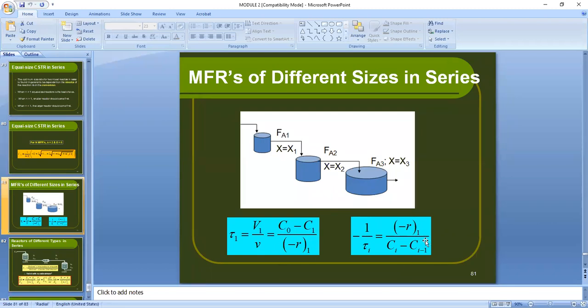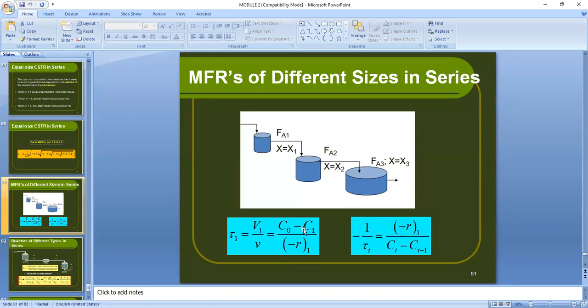You could see here, class, that it's referring to a particular reactor. In your MFRs of different sizes in series, the rate is labeled as R1, R2, and in this case RI. Do you understand why it's labeled that way?